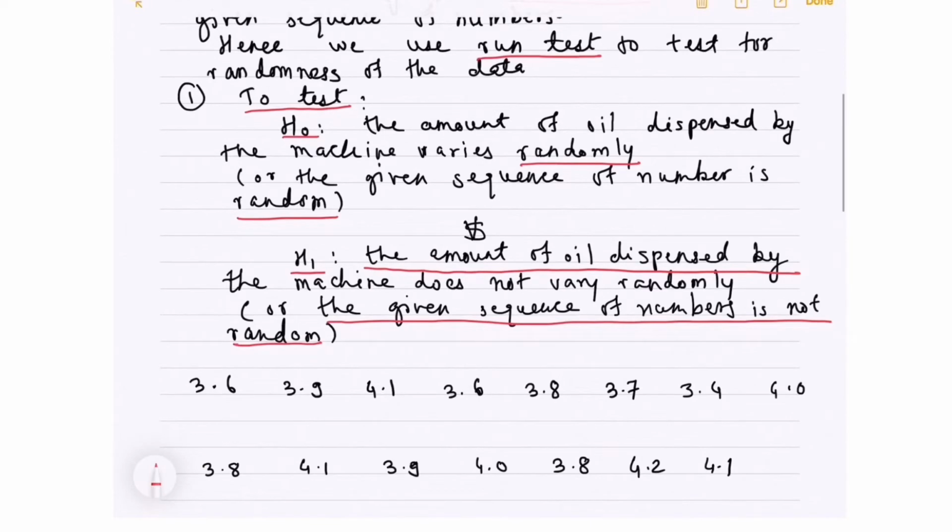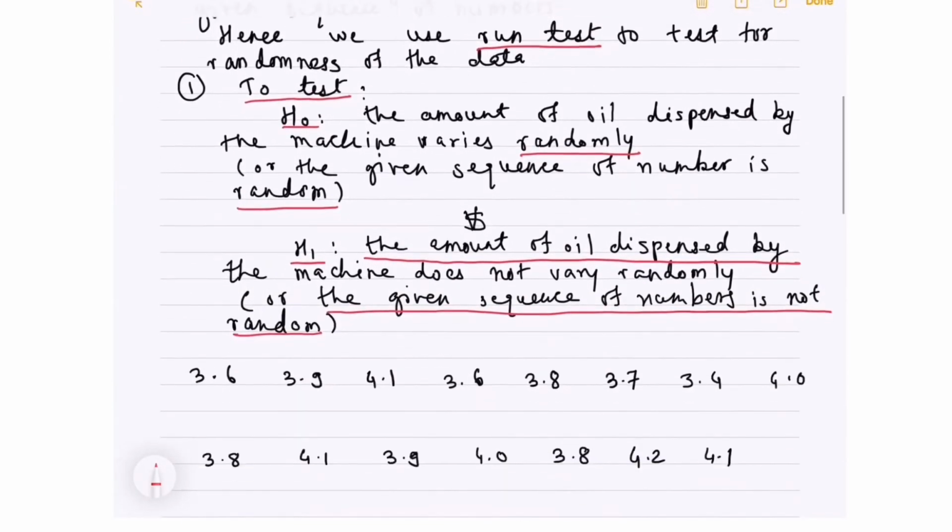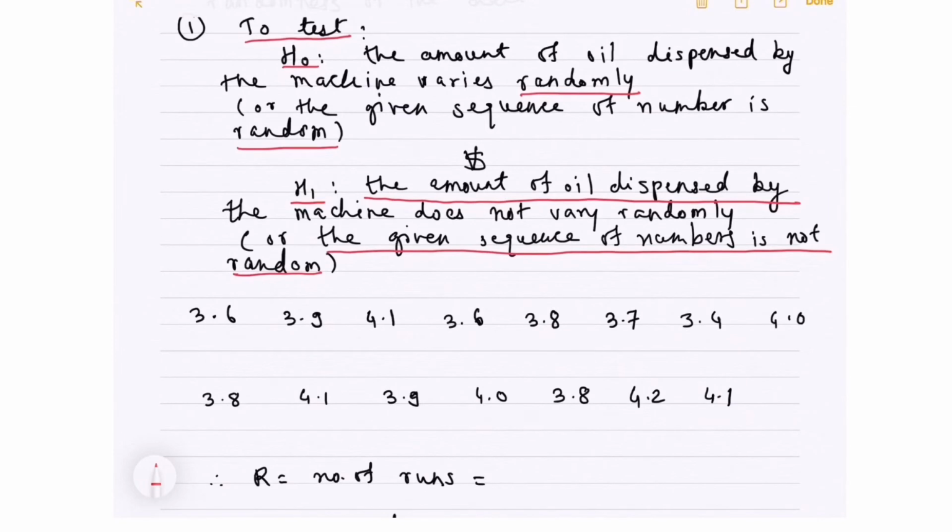Now, first let us write down the given numbers, the given sequence. Again, I have copied it here. Now, we have to go on giving the signs to these numbers. How to give the signs? We give the plus sign to the number in between two numbers if the next number is greater than the previous number.